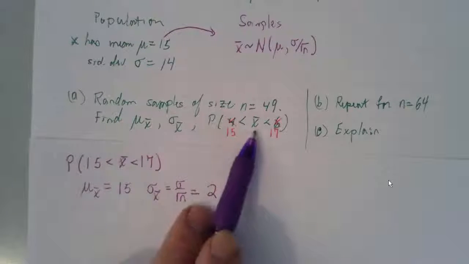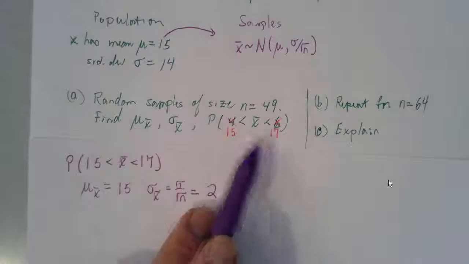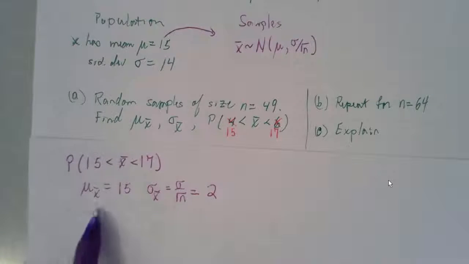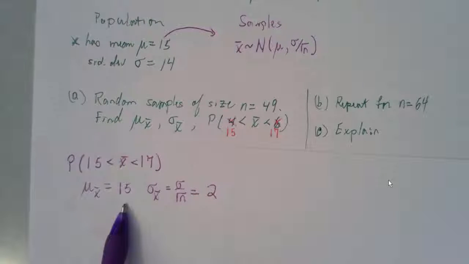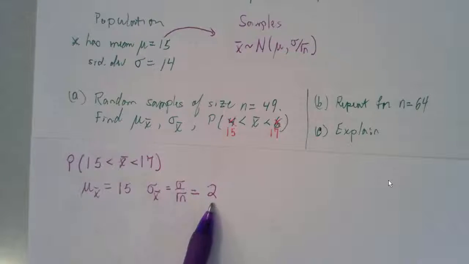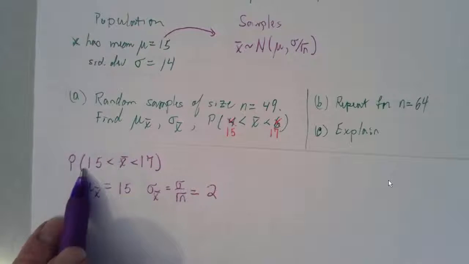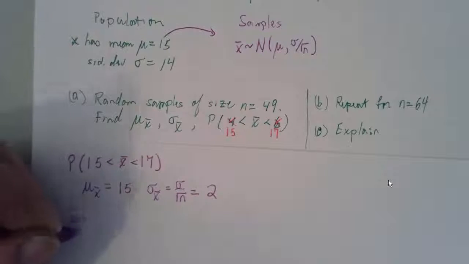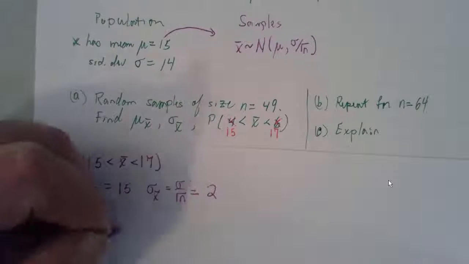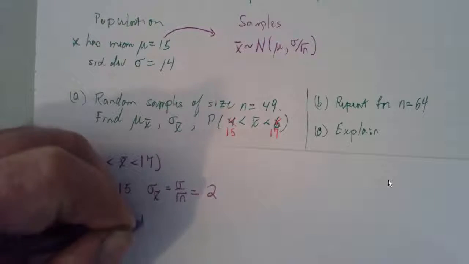It's the probability that x bar lies between 15 and 17, not 4 and 6. So we've already computed the mean of x bars. That's 15, and the standard error of the x bars is 2, and that's the sigma over root n formula. So now we'd like to translate this statement to a corresponding statement about z-scores.